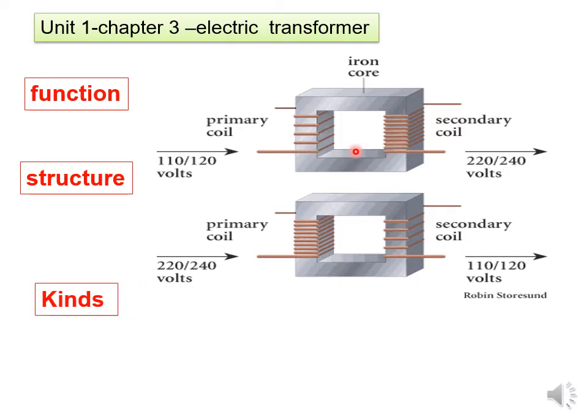If we look to the first drawing, we find that the number of primary turns less than the number of secondary turns.